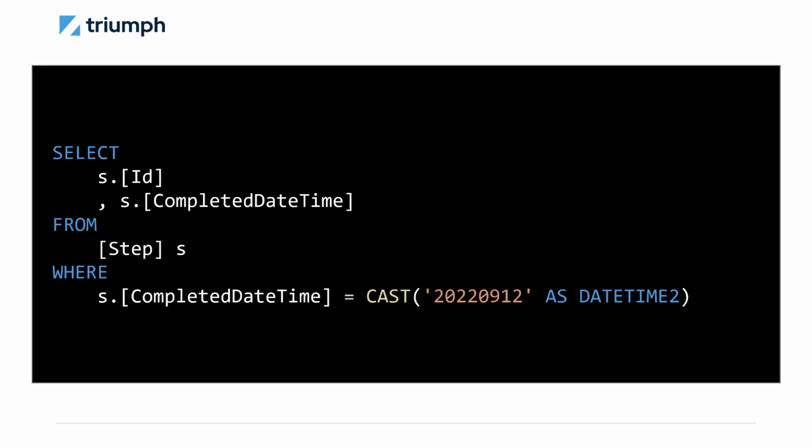So if there was some kind of field type error between completed date time and the other end of what you're trying to compare it to, apply the function to the other part, not the part that's being captured in your select. And again, the reason for that is it might not find the right index if it finds that there are functions on that column. So in this case, if we had step ID somewhere in the query, we would also make sure not to put any functions on step ID.